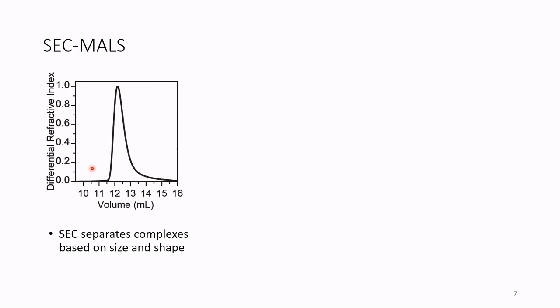It probably doesn't have any other contaminating species, so you can just see a nice curve. It's plotted with the elution volume on the x-axis, and you can see that the elution volume is around 12 to 13 mL, and the intensity of some form is on the y-axis. It could be UV, but in our case, it is the differential refractive index that's measured by the Wyatt Optilab T-rEX system.